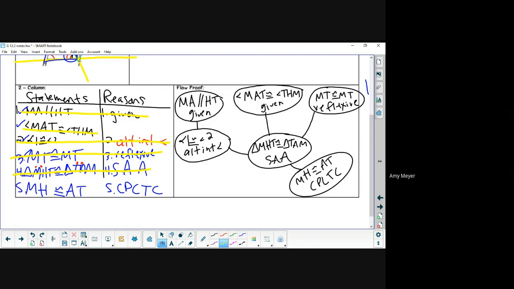For this last sentence, I like to write this out in words. I would say for my last sentence, because corresponding parts of congruent triangles are congruent, I know MH is congruent to AT. That's how I like to finish it, but you can put it in this order. You could say, I know this because of CPCTC.